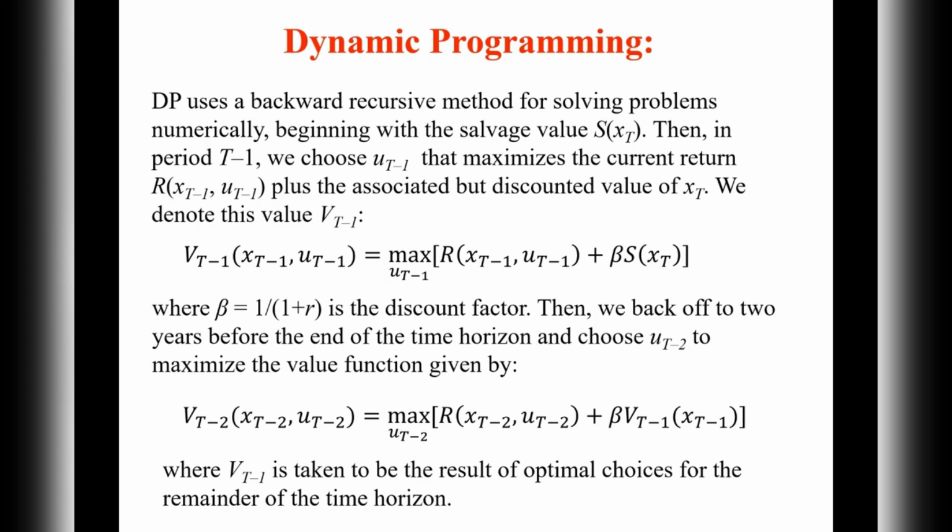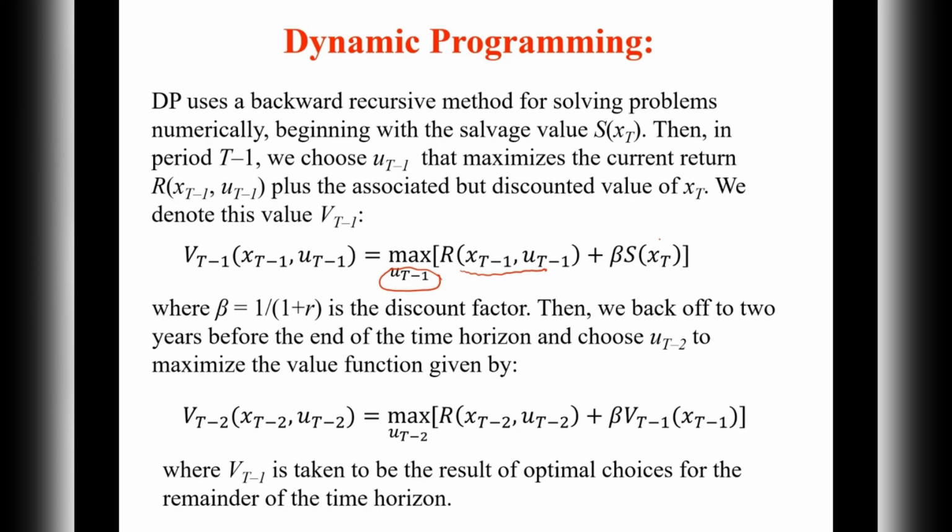So at vt minus 1, we can determine that through the choice of our decision variable ut minus 1, and we want to do that in such a way that we maximize the net return given by what the state variable is and what decision we apply, plus the discounted value of sxt, where beta, as before, is our discount factor given by 1 over 1 plus the discount rate.